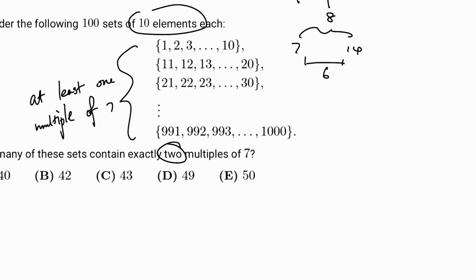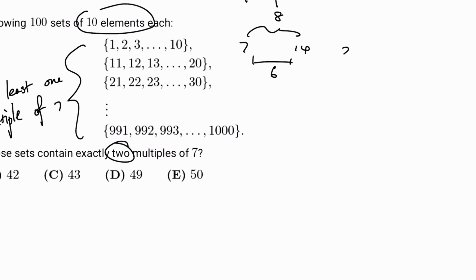Now let's think about if I want to have 3 multiples of 7. We need 15 total elements. Even if we start from a multiple of 7 and end at a multiple of 7, we need 15 elements, but we only have 10 elements.